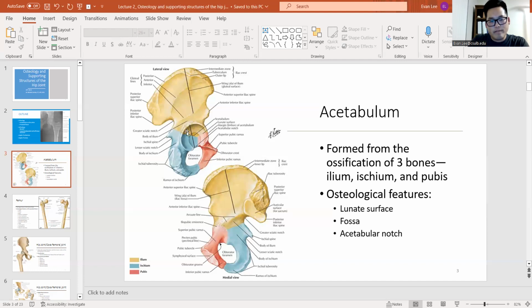And that's what it's named for, being the lunate surface of the acetabulum. And then at the bottom here, there's a small little opening that is called the acetabular notch. So the acetabulum, you can see, does have a few different regions, but overall, it makes this large cup shape on the lateral side of the coxal bone.